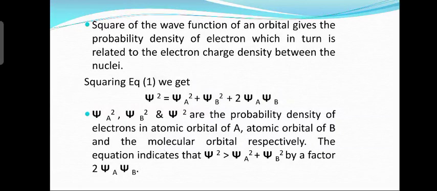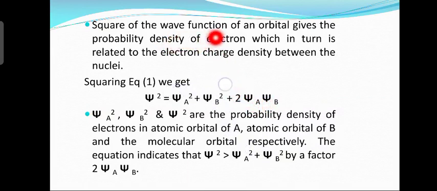Alright. Next slide. The square of the wave function of an orbital gives the probability density of the electron, which in turn is related to the electron charge density between the nuclei. On squaring the above equation 1, we get Xi squared is equal to Xi A squared plus Xi B squared plus 2 Xi A Xi B. What does it indicate?